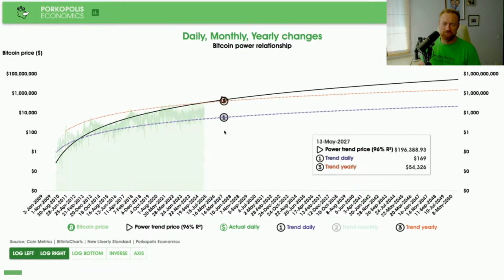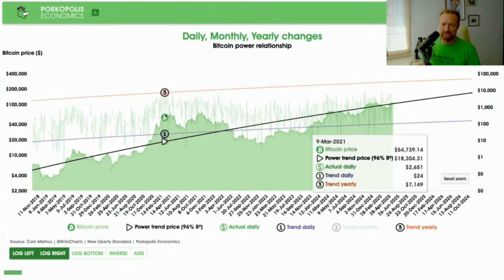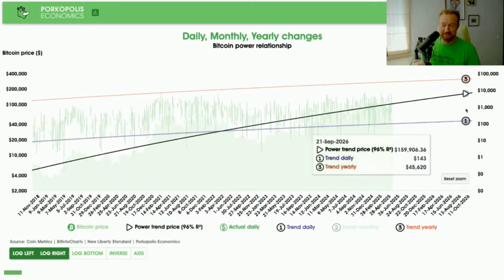So why wouldn't we want to prepare ourselves if Bitcoin could hit this yearly change in the trend of maybe doing $35,000 moves on the day. To me, it seems like it would make sense.